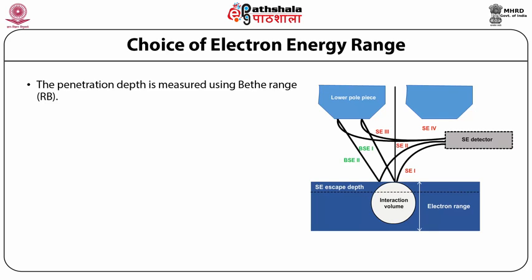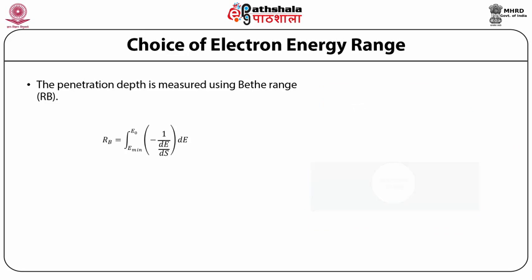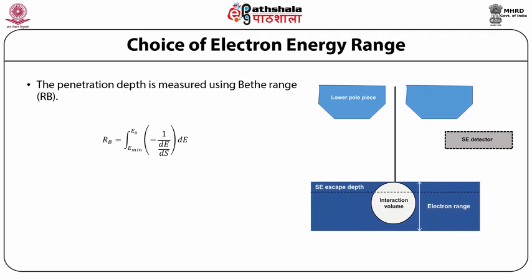The penetration depth is measured using the Bethe range RB, which is equal to the integration from E minimum to E0 of (minus 1 by dE by ds) dE.